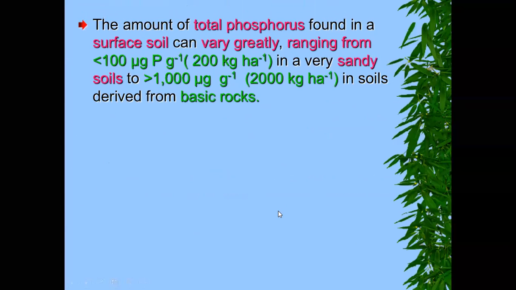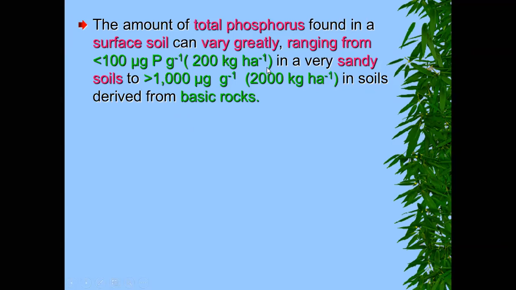And the amount of total phosphorus that is found in surface soil can vary greatly, ranging from less than 100 microgram phosphorus per gram, that is about 200 kg per hectare in a very sandy soil, to more than 1000 microgram per gram, that is 2000 kg per hectare in soils derived from basic rocks, right?